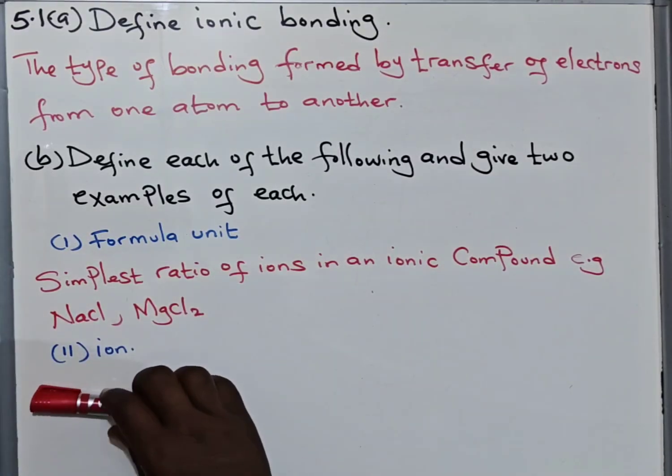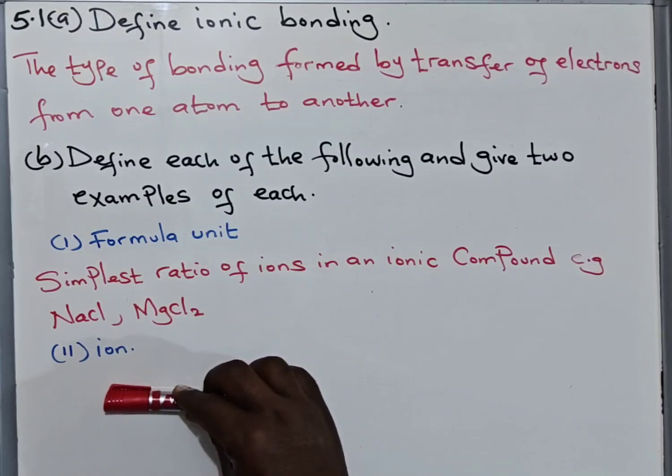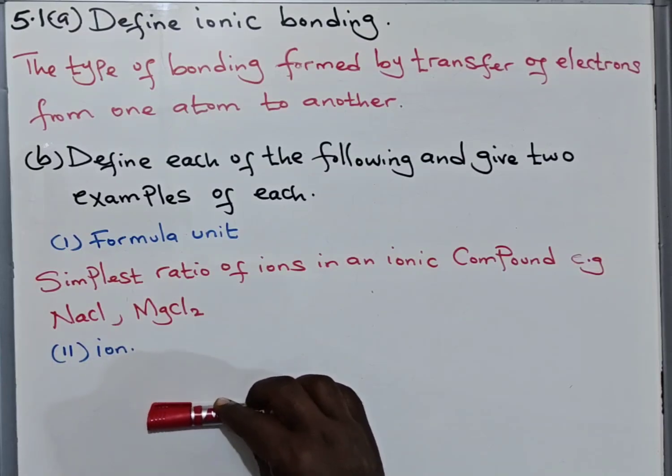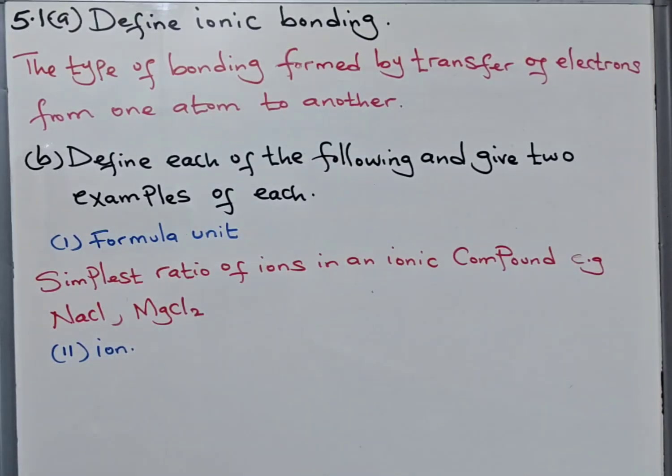Then we come to ion. What is an ion? An ion is an atom or group of atoms with a net charge formed by loss or gaining of electrons.